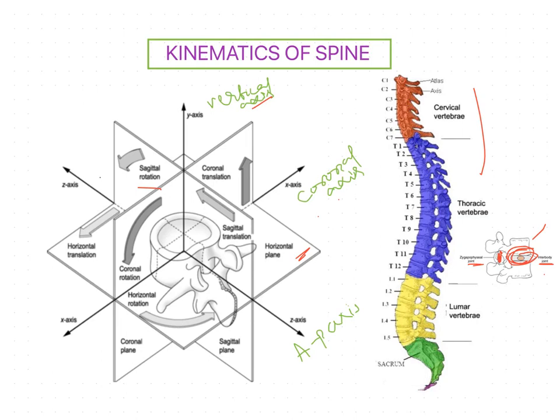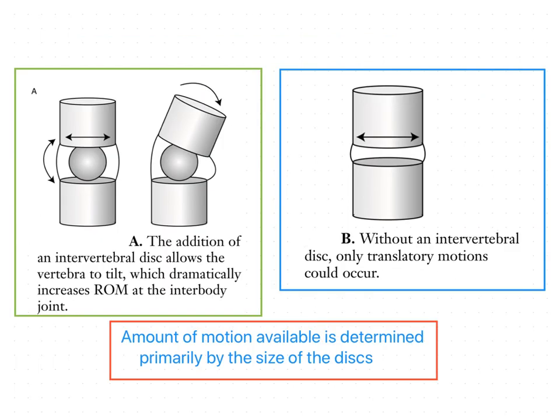Now we will see how the size of the disc affects the amount of motion between the intervertebral joints as well as the zygapophyseal joints.